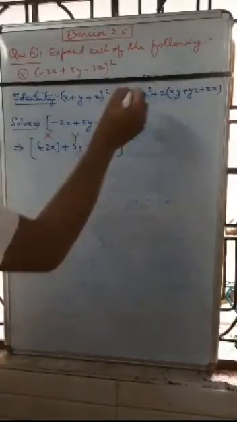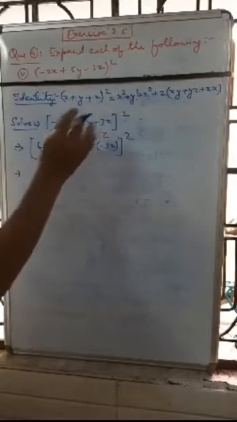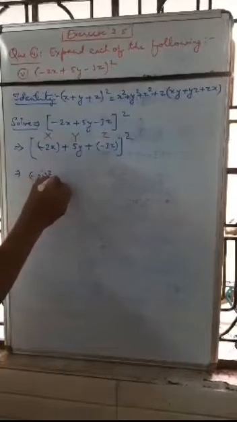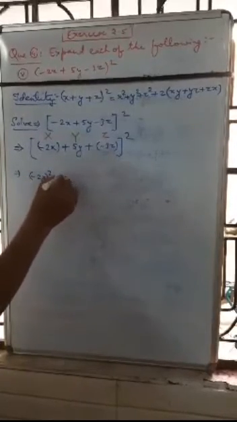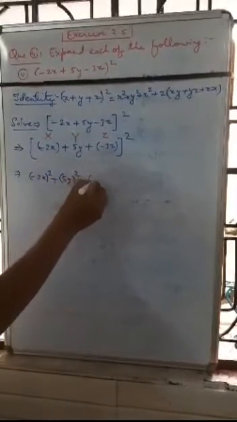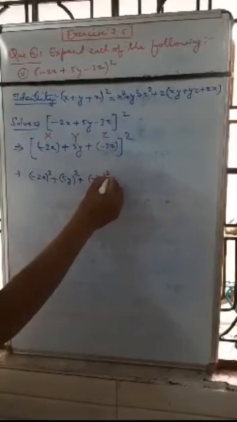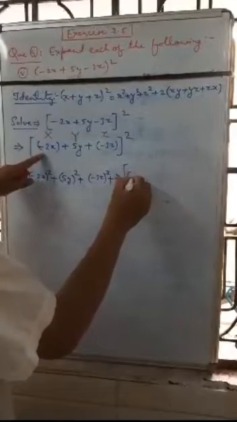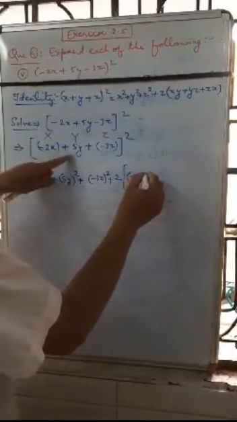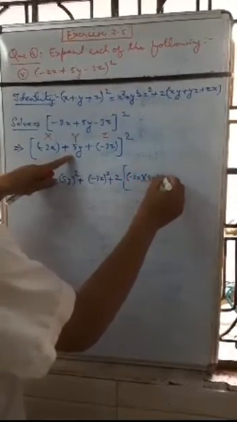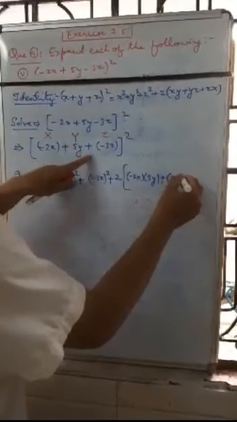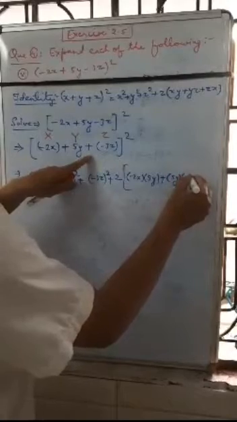So how will we apply the formula? Minus 2x whole square, then 5y whole square, then minus 3z whole square, then 2 times xy. What is xy? X is minus 2x and y is 5y, plus yz, that means 5y and z is minus 3z.